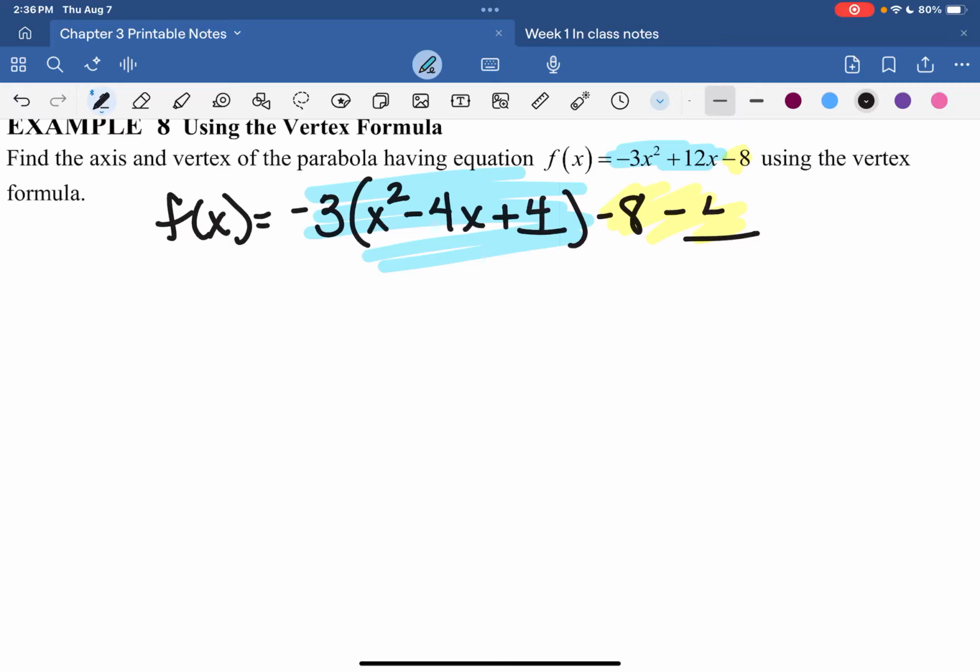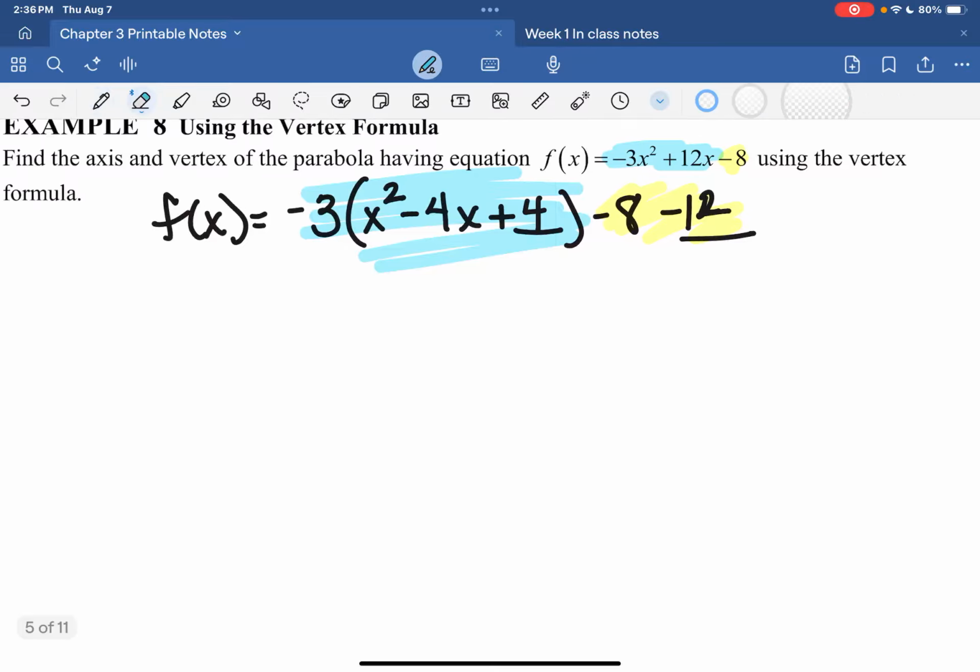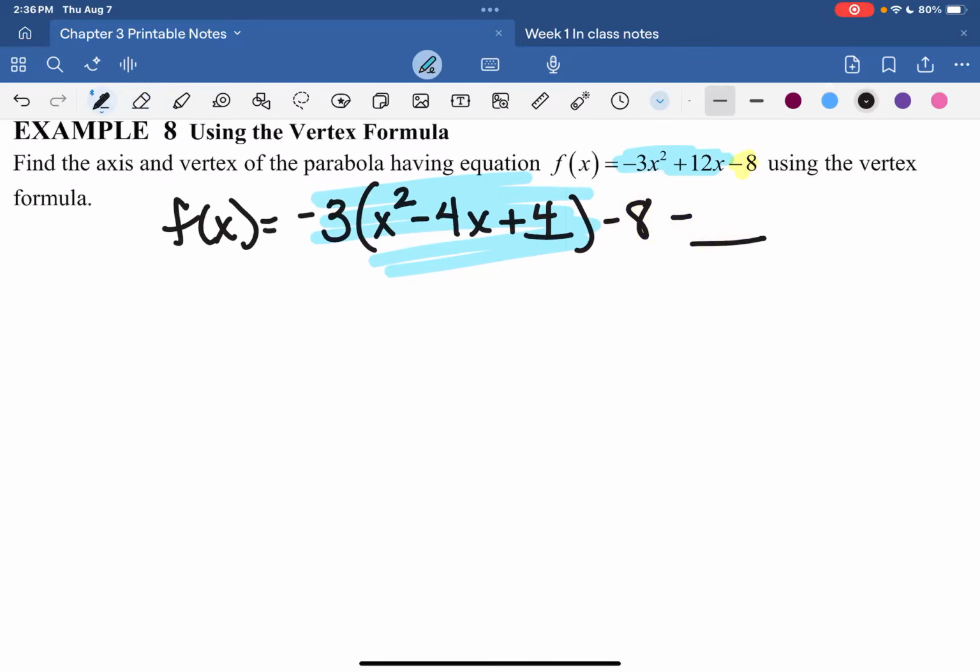So 4 goes in the first blank, but then I have to take -3 times 4, which is -12. Hold on, y'all saw me mess up, right? -12 is going to go in the next blank. Let me double check that. -3 times 4 is -12, -8 minus a blank. Yeah, that's right.